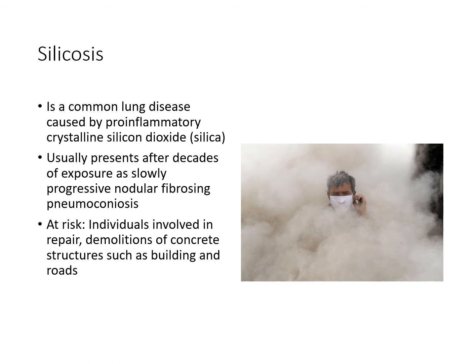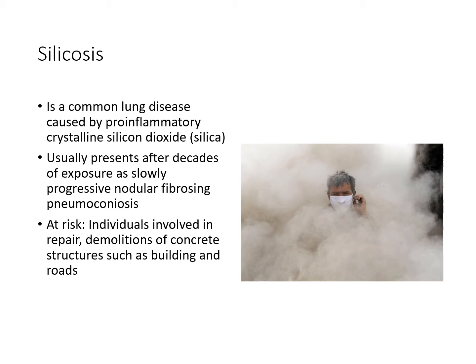Silicosis is a common lung disease caused by pro-inflammatory crystalline silicon dioxide, or silica. It usually presents after decades of exposure as slowly progressive nodular fibrosing pneumoconiosis. People who are at risk are individuals involved in repair, and people who are involved in demolitions of concrete structures such as buildings and roads.